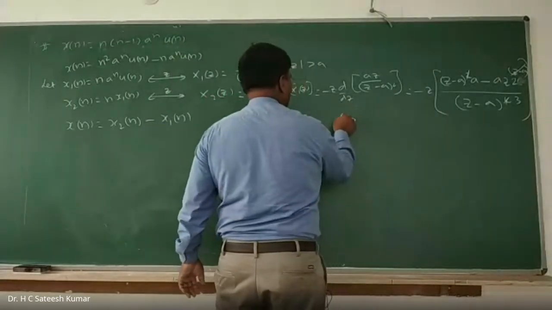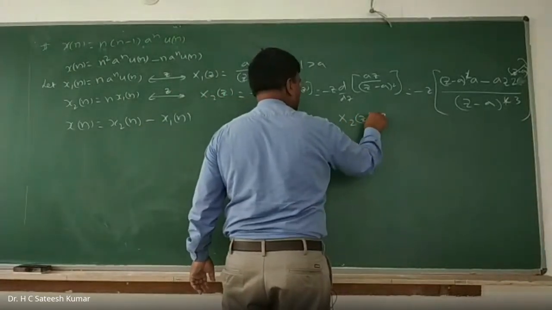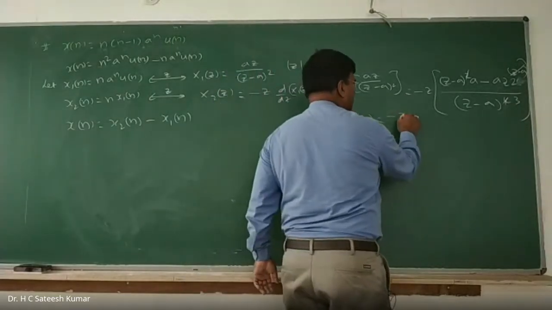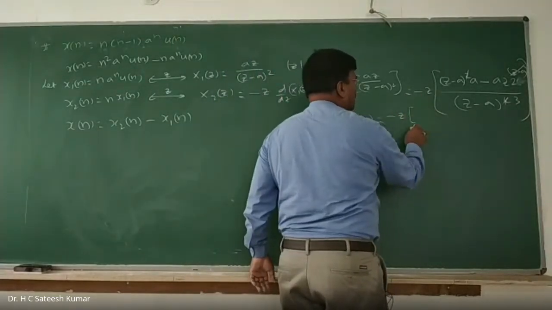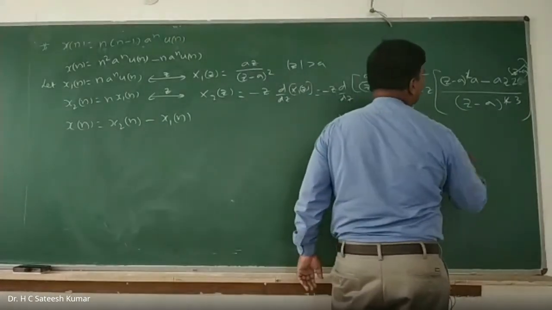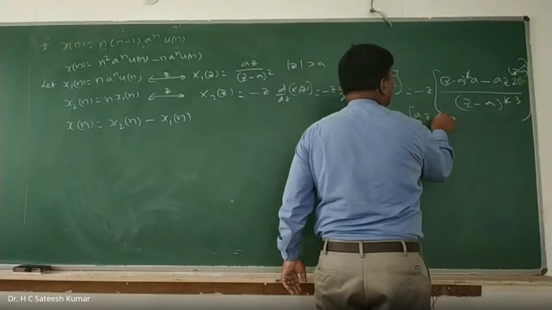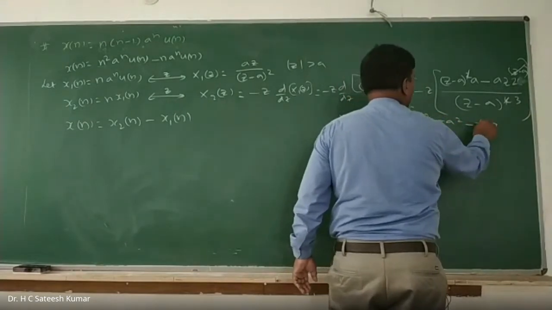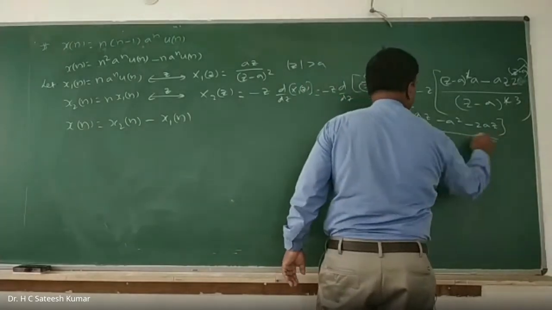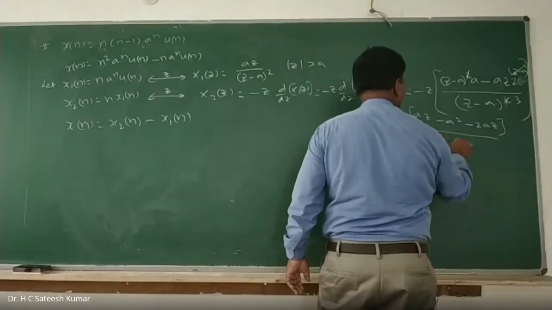X2 of z is equal to minus z into, what is that, you can write it, az minus a square minus 2az, divided by z minus a whole cube.